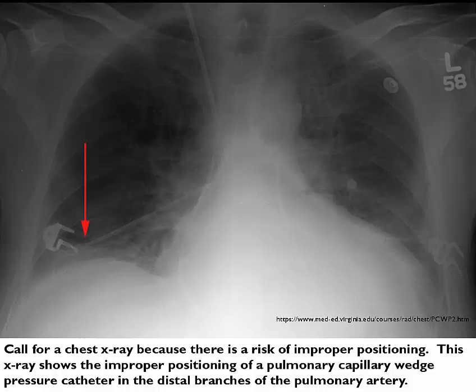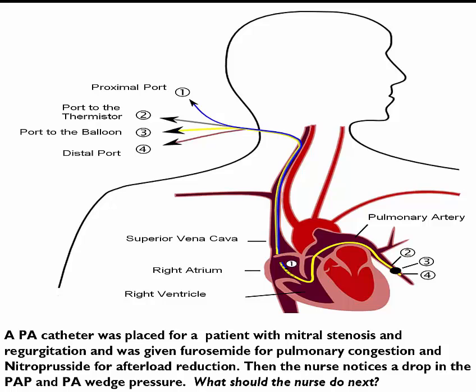This x-ray actually shows the improper positioning of a pulmonary capillary wedge pressure catheter in the distal branches of the pulmonary artery. A PA catheter was placed for a patient with mitral stenosis and regurgitation and was given furosemide for pulmonary congestion and nitroprusside for afterload reduction. Then the nurse notices a drop in the pulmonary artery pressure and the pulmonary artery wedge pressure.